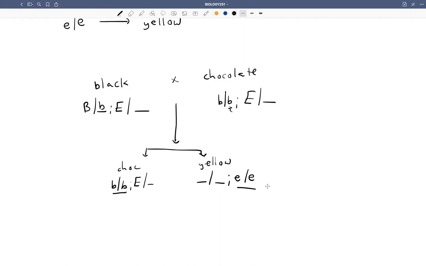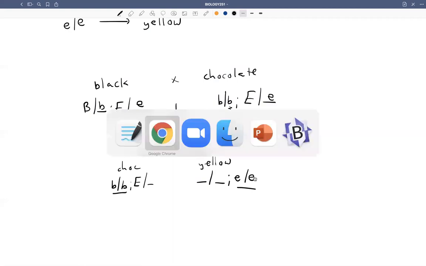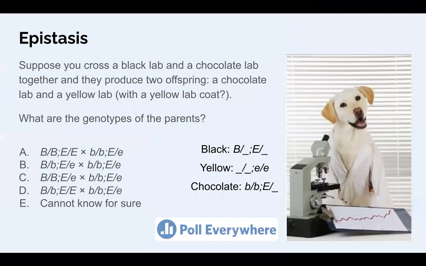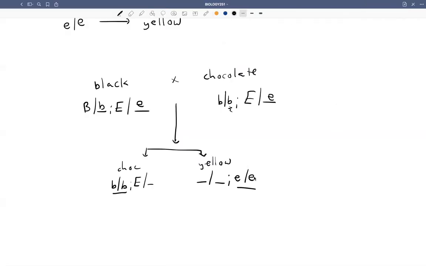Over here, the fact that these two parents had a yellow lab tells us that they would both have to have a little e allele to be able to produce this homozygous recessive little e yellow lab offspring. Okay, so what are the genotypes of the parents? We done figured them out.